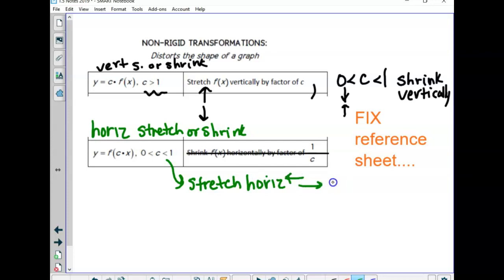And I would say by 1 over c, but you don't have to. I apologize. So if it said 1/2 x, I would say it's stretching by twice as far, by the reciprocal. So let me just write that. If it said f of 1/2 x, stretches by 2.